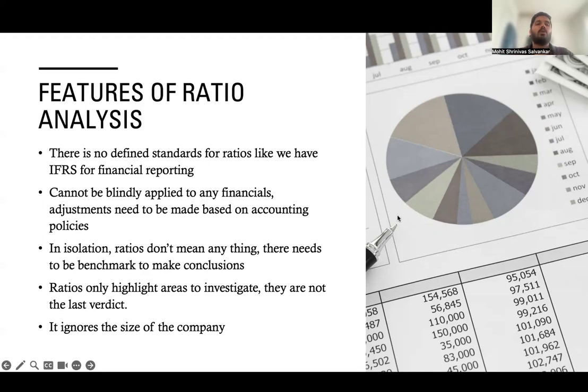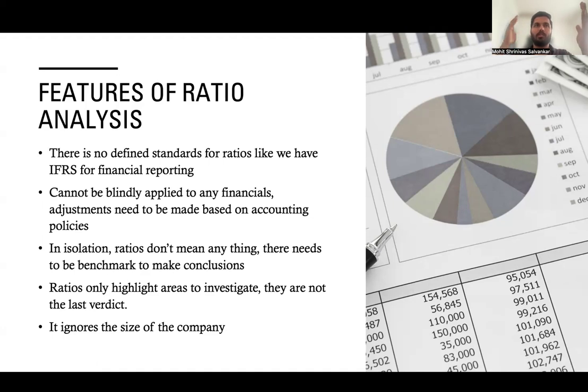Ratios cannot be blindly applied. For example, if we take two financial statements of two different companies, it's not like you'll take a ratio and put it in both the financials. No. Firstly, you'll have to see whether those financials are made based on similar accounting policies or not.